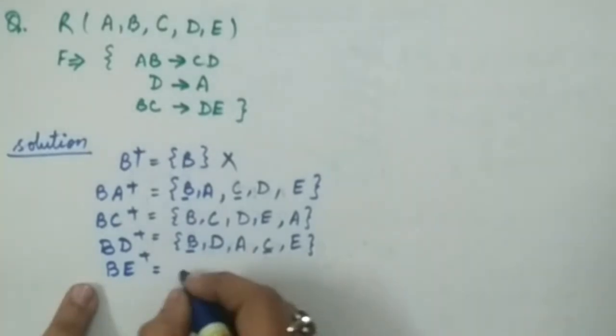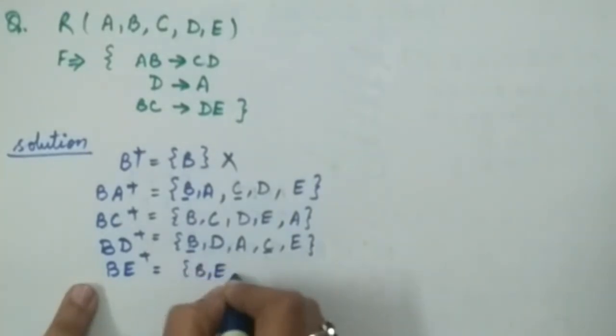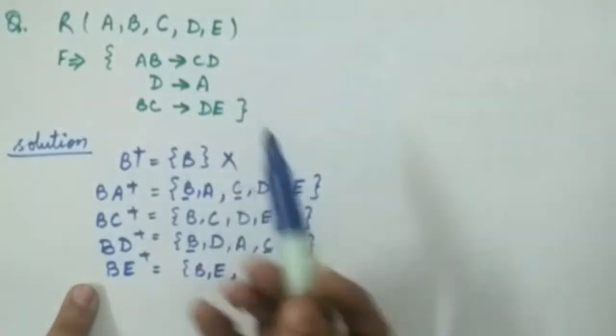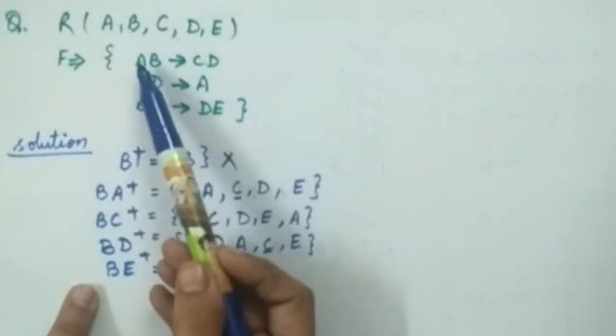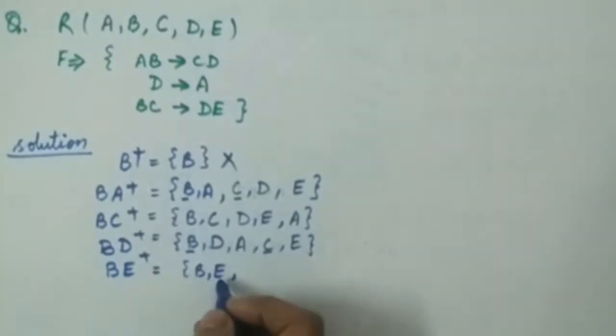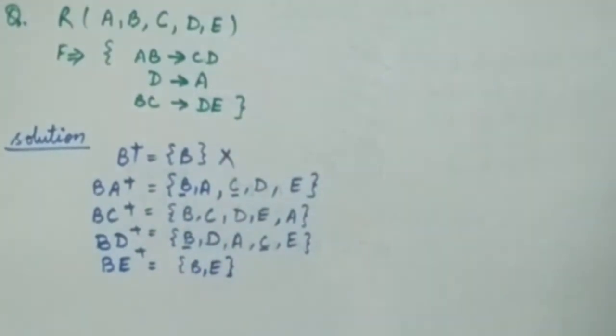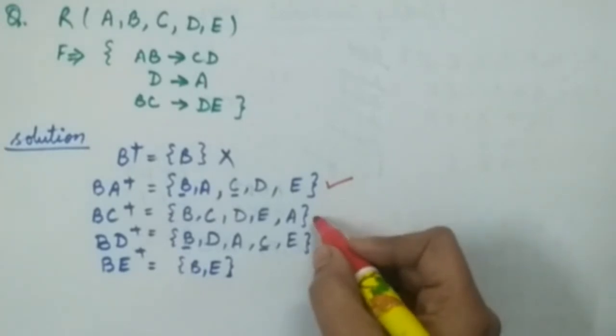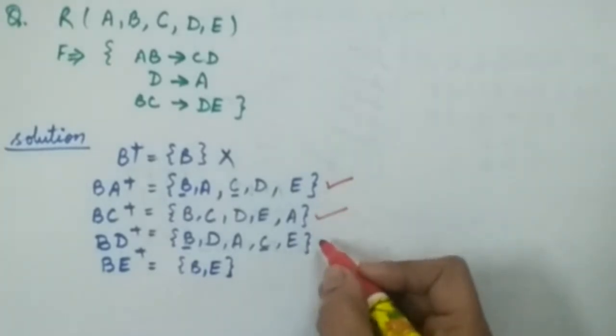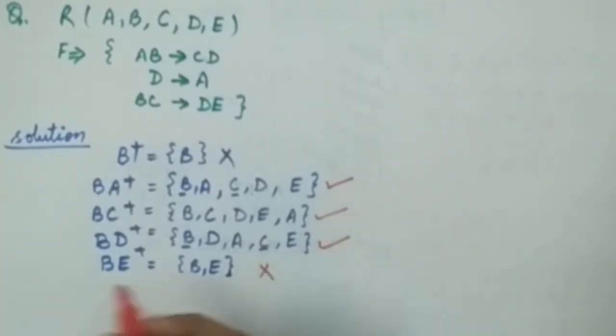Next, BE, B comma E. With B I need A and C. I do not have both C and A. So this ends here. So in this closure set, this can be a candidate key, this is also a candidate key, and this is also a candidate key. This closure does not contain all the attributes.